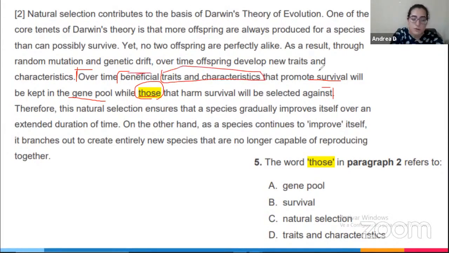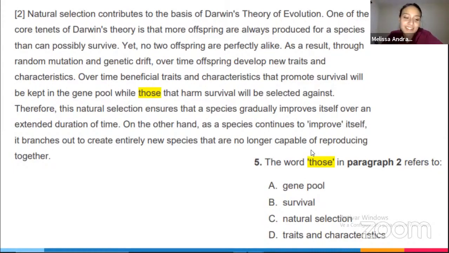So the beneficial ones will be kept, and the ones that harm survival will be selected against. So traits and characteristics, that would be the answer. Is that okay? I know I'm not explaining this one so much, but is it clear? Yes, I understand it. Thank you.